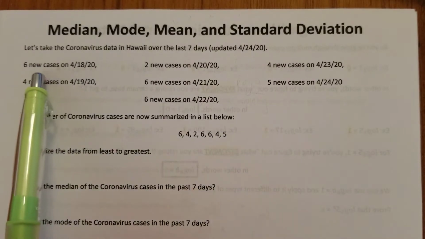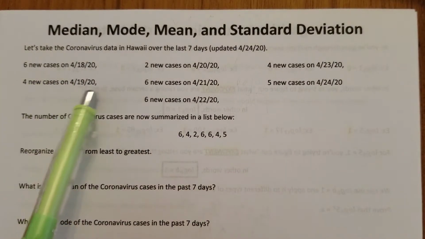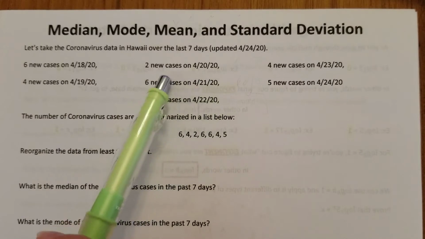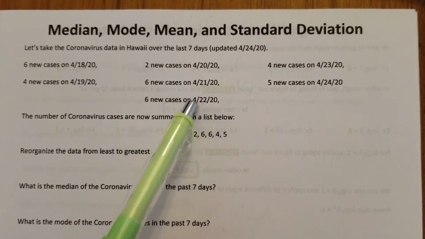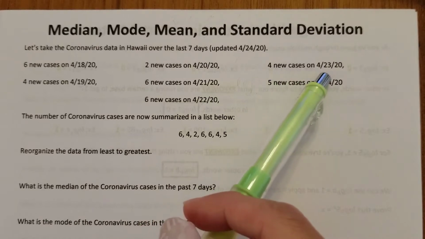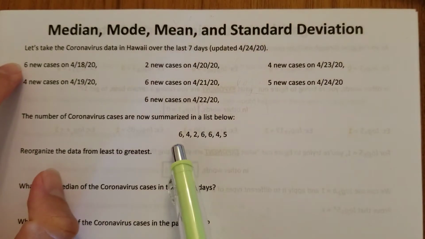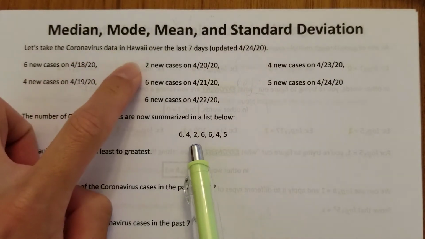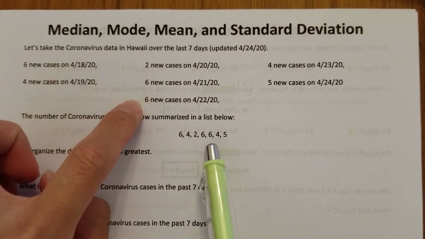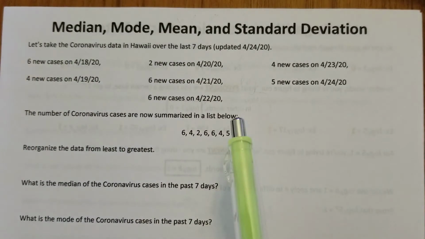So there were 6 cases on April 18th, 4 cases on April 19th, 2 cases on April 20th, 6 cases on April 21st, 6 cases on April 22nd, 4 cases on April 23rd, and 5 cases on April 24th.